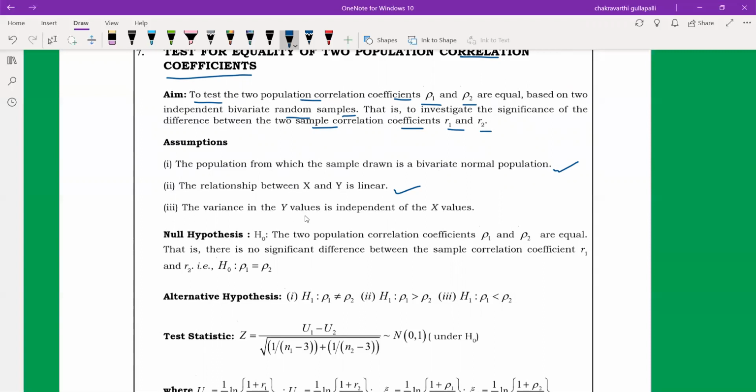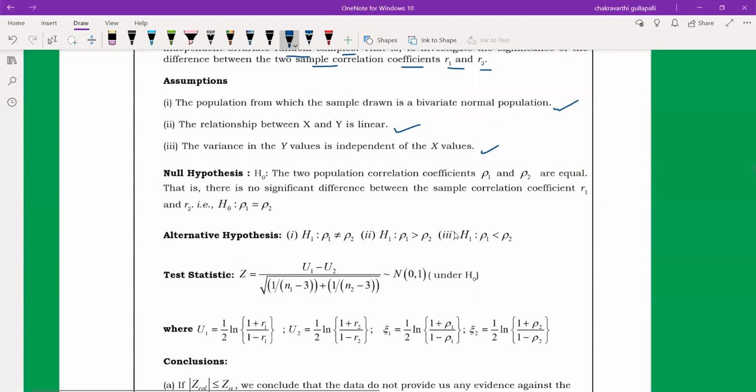The variance in Y values is independent of the X values. This is very, very important. Now the null hypothesis is that the two population correlation coefficients rho 1 and rho 2 are equal. H naught: rho 1 is equal to rho 2.